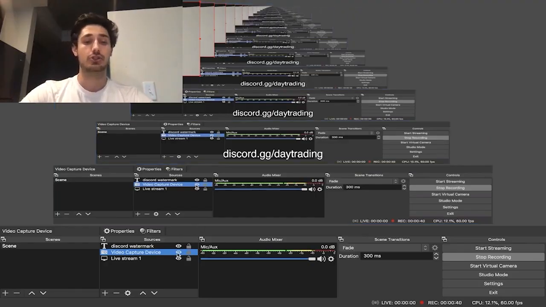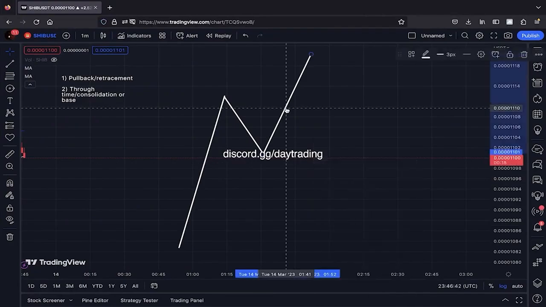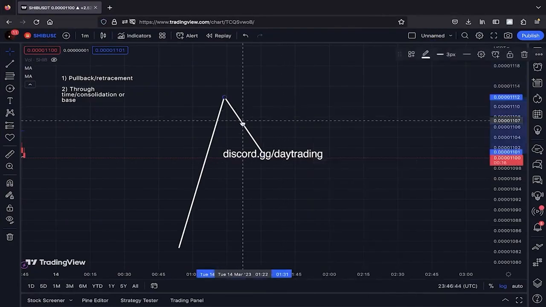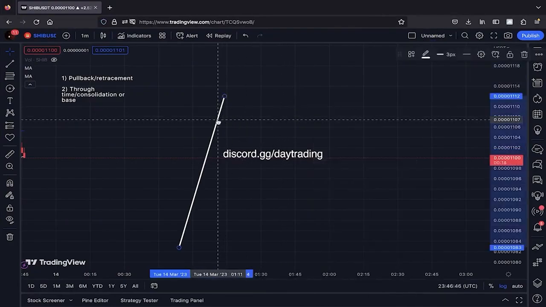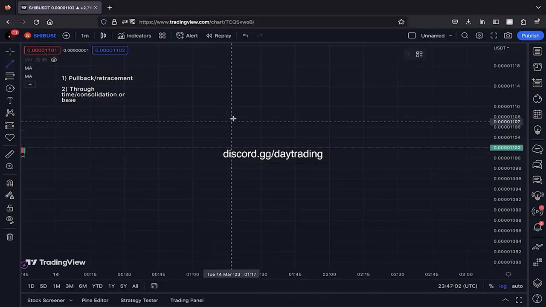Okay, so I'm going to draw a diagram here for you guys. So what we have to understand is that with price action, whether it's for a stock or a crypto or Forex, it really applies to any financial instrument on the market. What we have to understand is that price always corrects itself in some way, right? Prices can't just go infinitely higher.